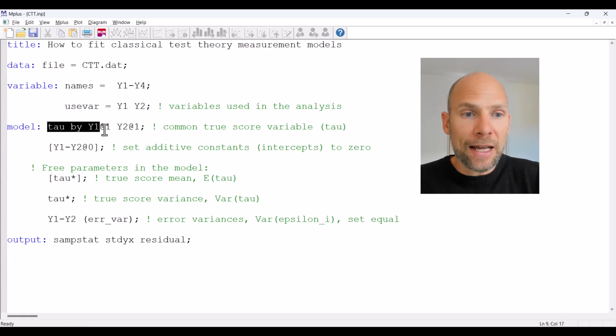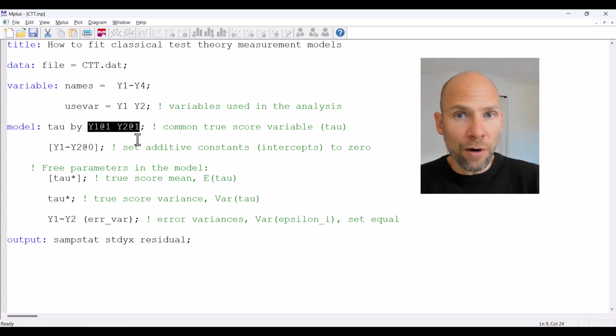You can see that I'm specifying a common true score variable or factor in the sense of confirmatory factor analysis here by specifying tau is measured by y1 and y2. And notice that unlike a conventional factor analysis model, both of the factor loadings here have to be fixed to 1.